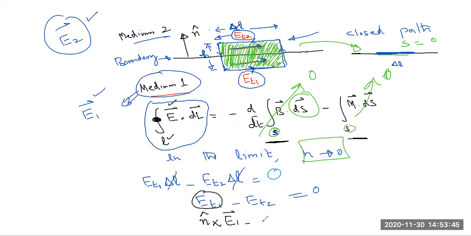Similarly, if I take the cross product of the unit normal vector with E2, that is going to give me the tangent component. So ET1 can be written in this form and ET2 in this form, and that must be equal to 0. This is going to be our third boundary condition.